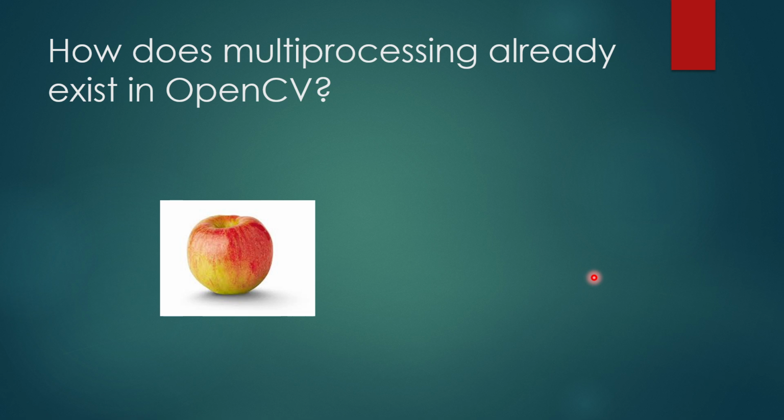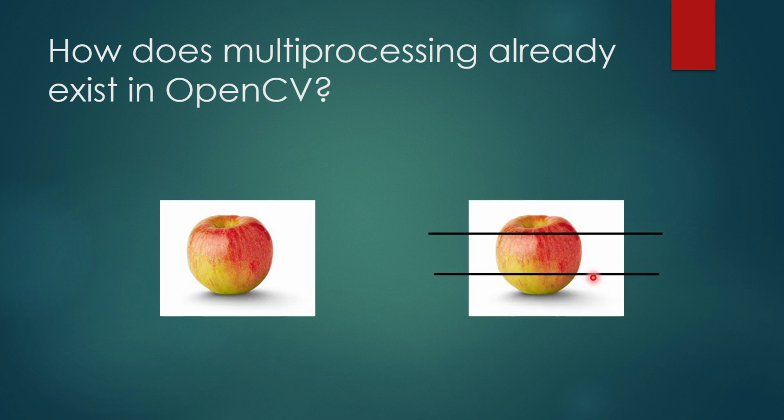So how does multiprocessing already exist in OpenCV? As we were researching more into OpenCV and how they do multi-thread processing, we found they simply take the input image and divide it into horizontal sections. So here we're assuming that OpenCV takes the image of an apple and decides to use 3 threads. If it wants to use 3 threads, it needs to equally cut the image horizontally into 3 sections.